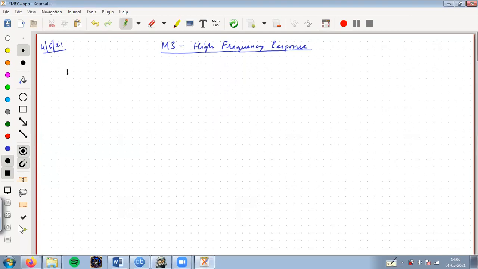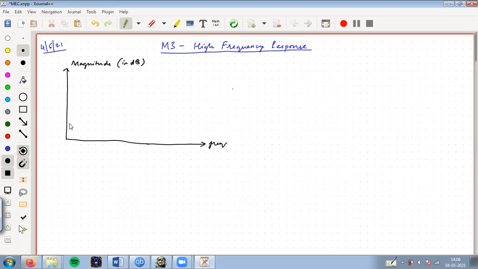So this is the high frequency response of an amplifier. Always remember, when I'm drawing the high frequency response, my x-axis would be frequency, and my y-axis would be magnitude. Magnitude can be in decibels.